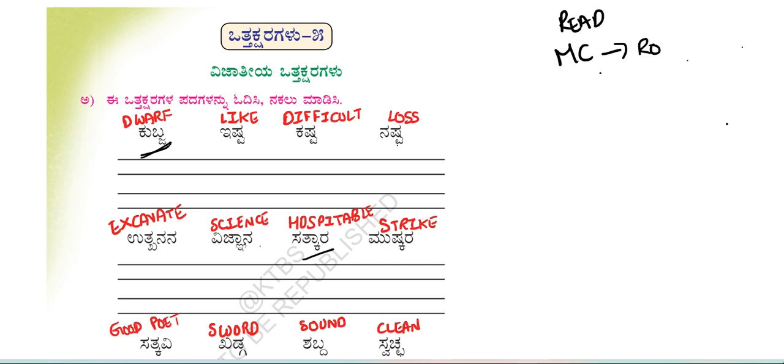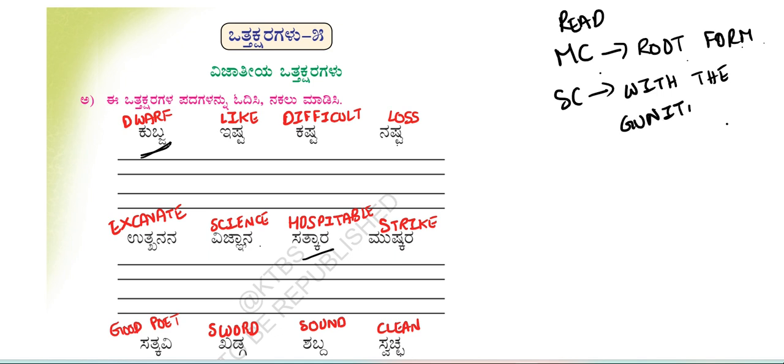The reading rule states that the main consonant, read it in its root form, and the second consonant, read it with the swara sound, with the Gunitakshara if it is available. Otherwise, just read it with the swara sound A. So this is the rule for reading.